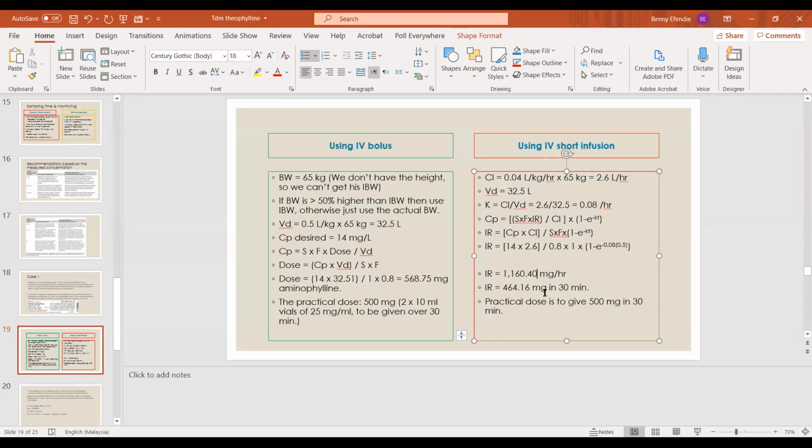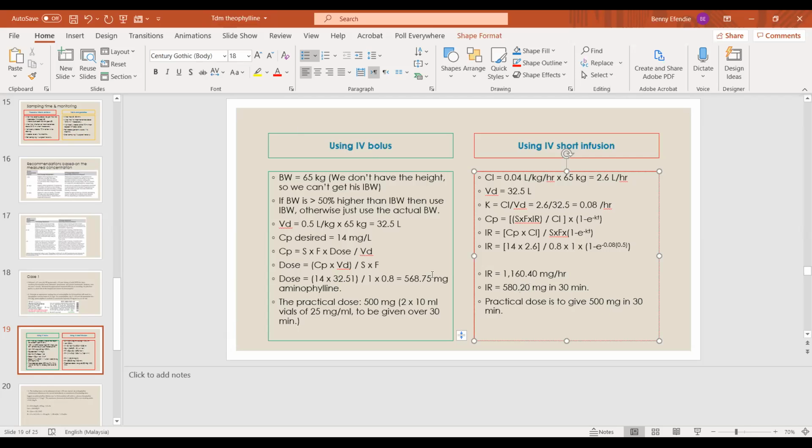So if in 30 minutes, we just divide by 2. So this is the correct one, 580.20. So the practical dose we can give is 500.